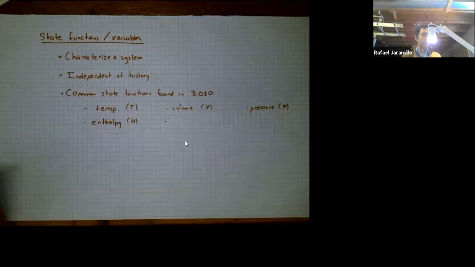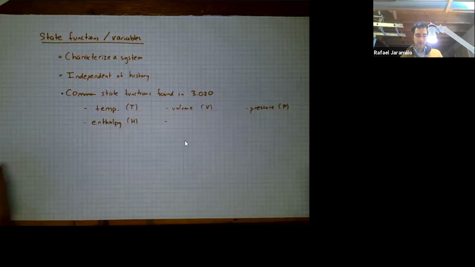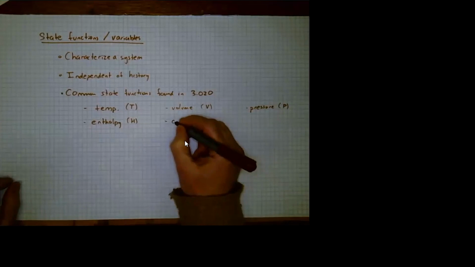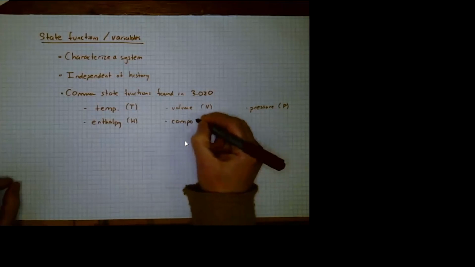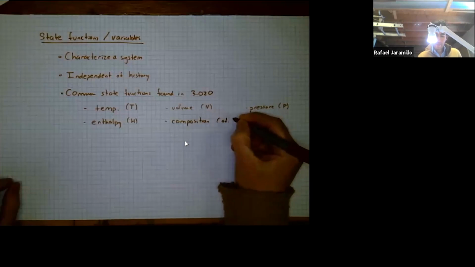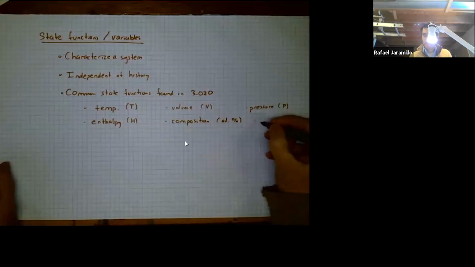What about one that's not so specific to thermo? Are there others that are more colloquial? Concentration. Concentration, I'll say composition, yeah. Composition. And we'll use atomic percent very often in this class. Yeah. What about mole number?